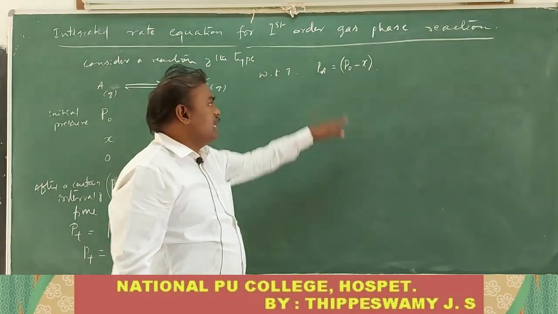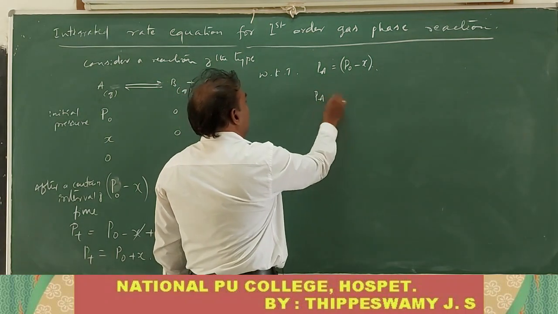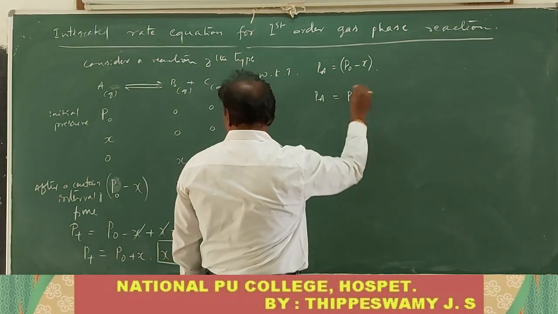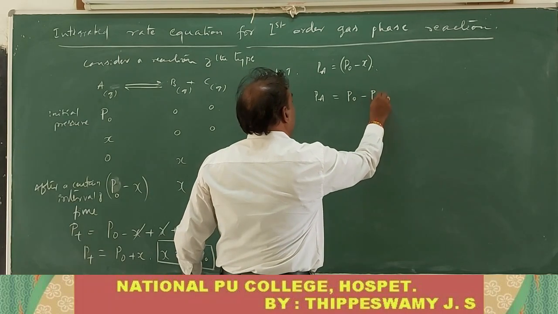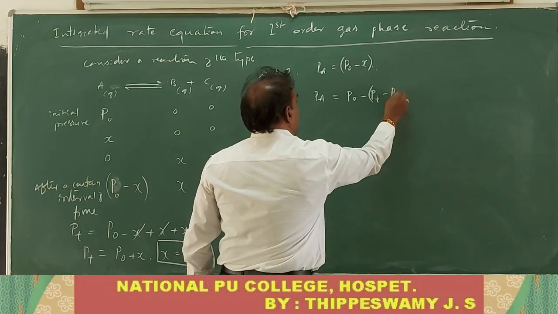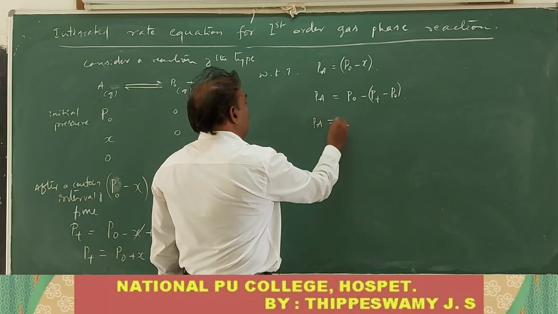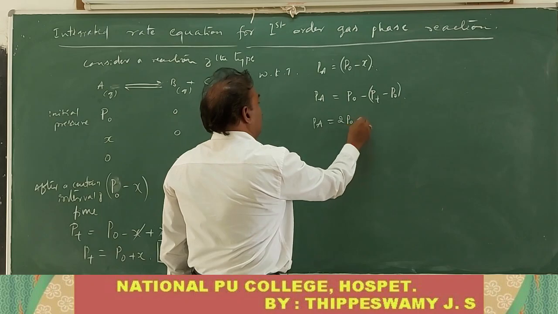Substitute the value of X here in this relation: Pa is equal to P naught minus, what is the value of X, Pt minus P naught. So Pa is equal to 2P naught minus Pt.